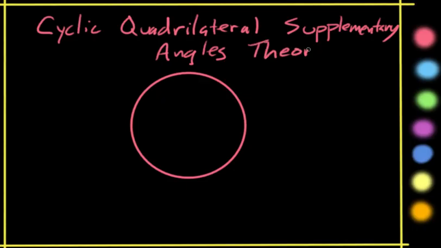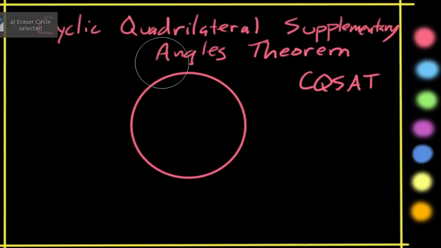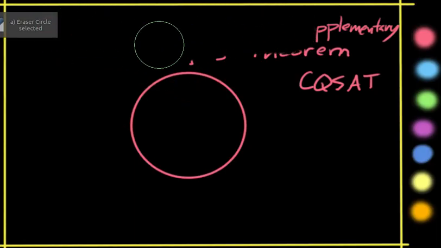Alright, that's a big mouthful. CQSAT, cyclic quadrilateral supplementary angles theorem. We'll call it that. Alright, that took up a lot of space, so maybe I'm going to erase that so that we have room to do what I want to show you here.